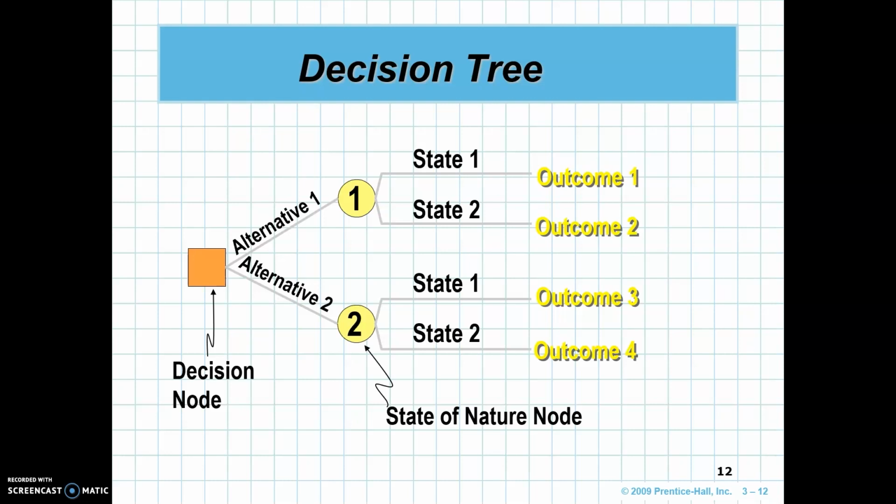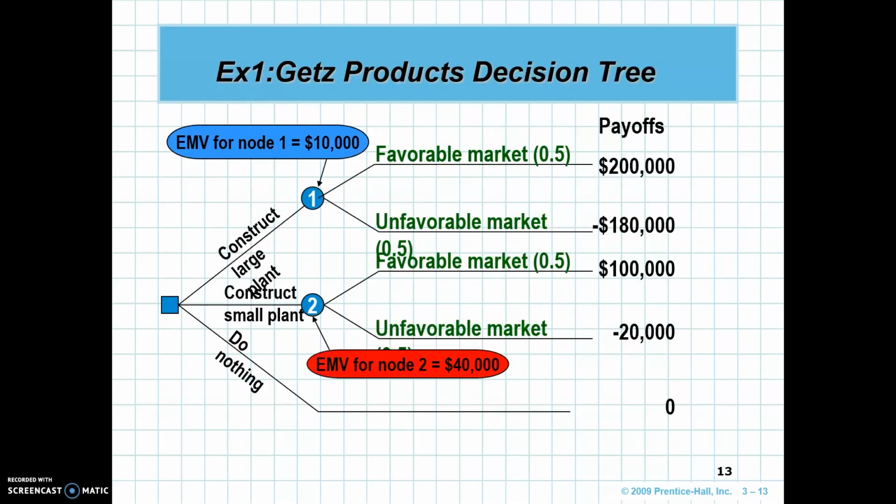So state one is there, state two is there. If there is state one and you are choosing alternative one, outcome one will come. If you are choosing state two of alternative one, outcome two will come, right? And if you are choosing state one of alternative two, outcome three will come. And if you are choosing state two of alternative two, your outcome four will come. Then based on these four outcomes, we will select the best one and we'll write the decision on the decision node, right? So in this case, we are taking an example of Get's products decision tree, right?